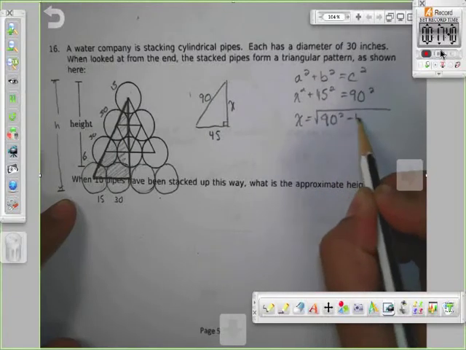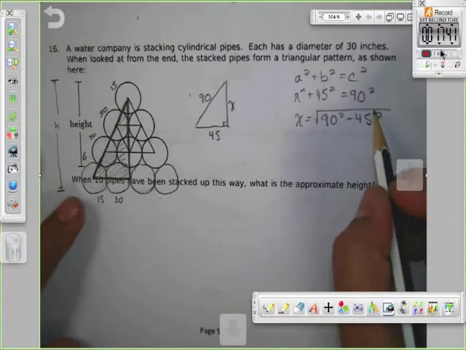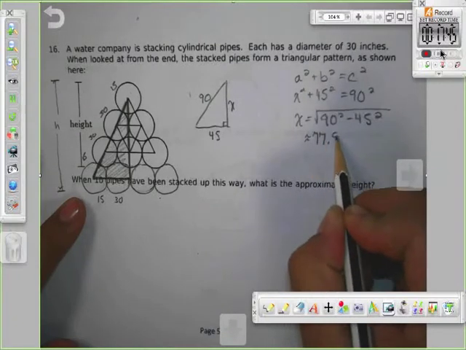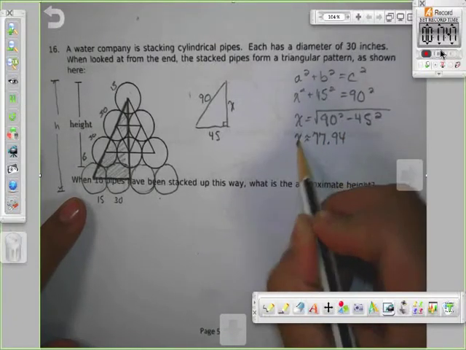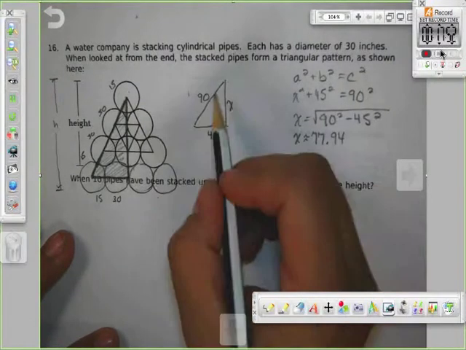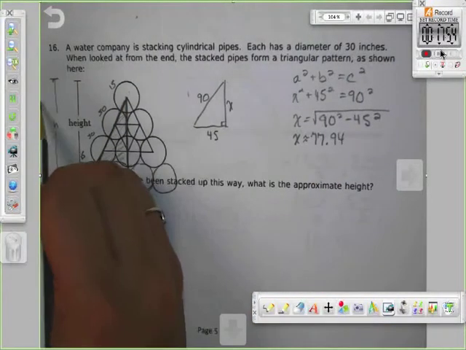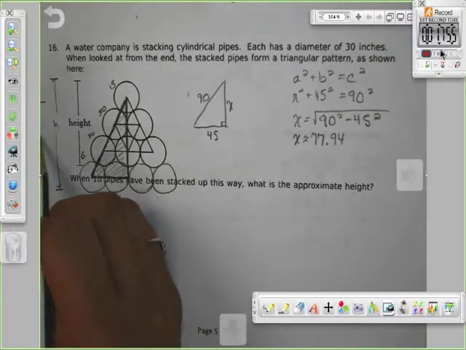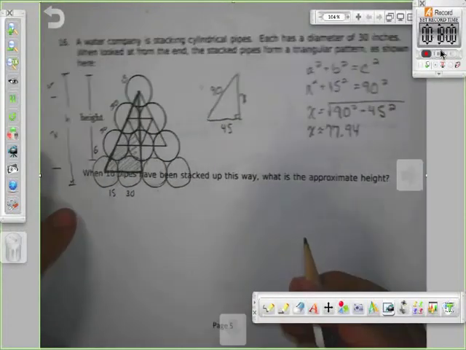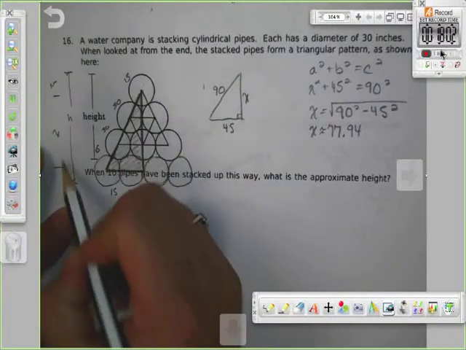And I get x squared plus 45 squared equals 90 squared. I'm going to subtract 45 squared and then take the square root. So I'm skipping a few steps here. And this gives me an approximate answer of 77.94. That's what that x is.